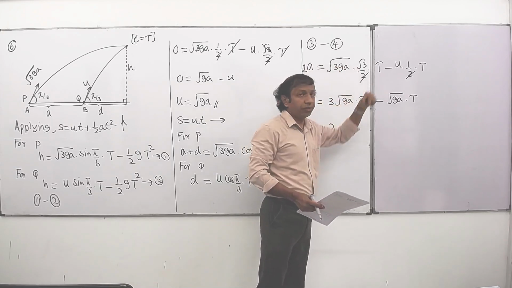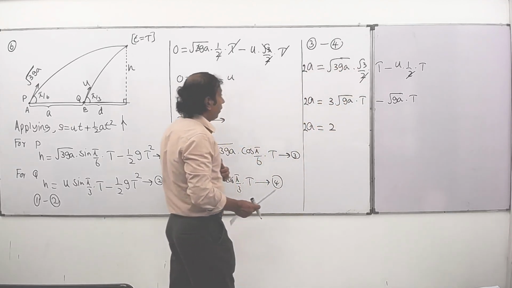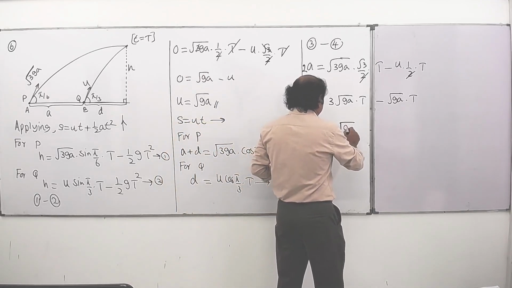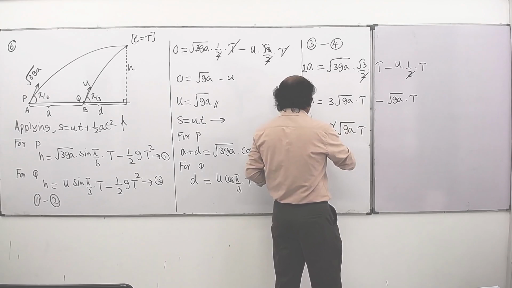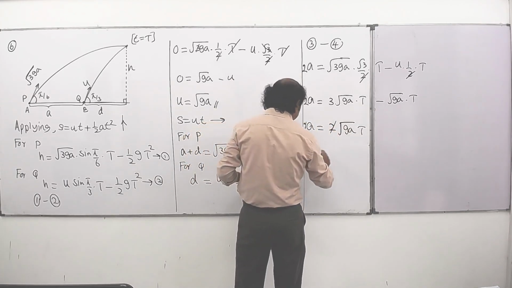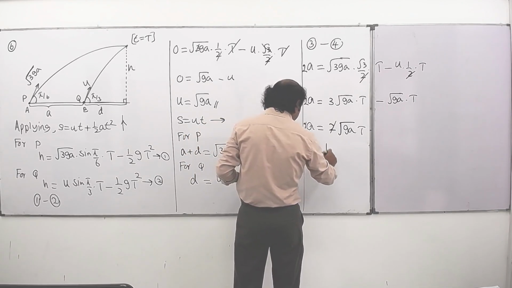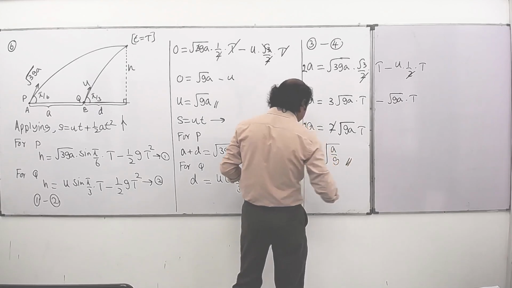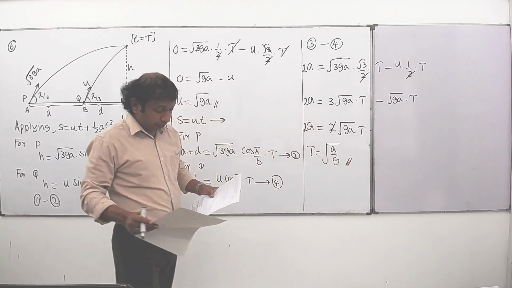That's what this cancellation means. Right. So then here we get 2 root g a t. This and this you can cancel down. Then the answer comes with t as the subject: t equals a over root g a. This time. Okay.